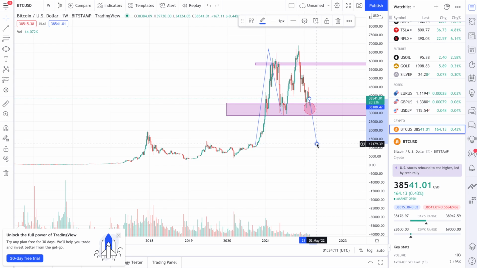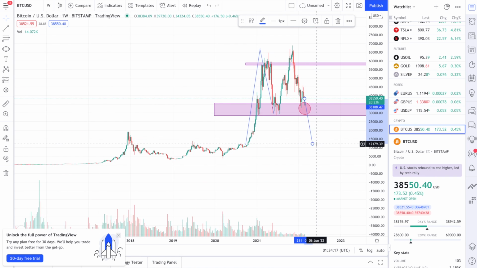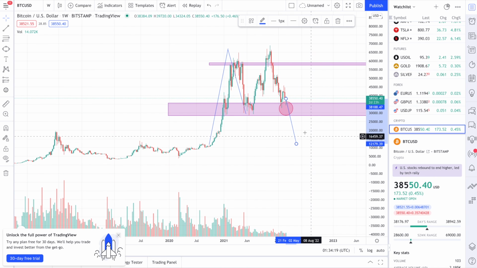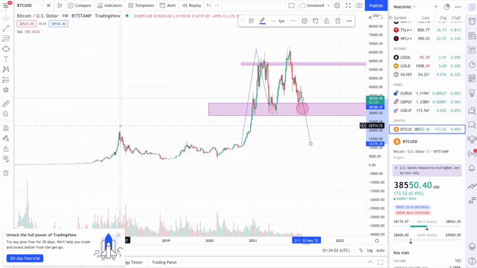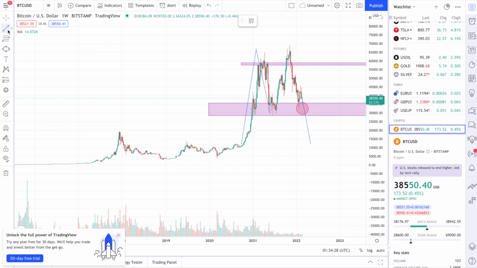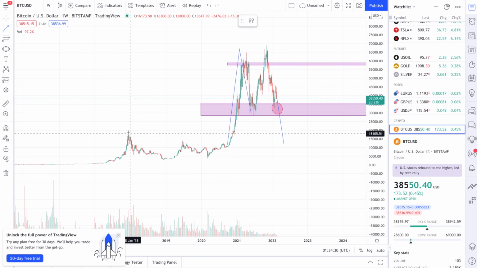So I'm just coming from a higher time frame, and then we'll move down to the lower time frames, and then we'll see what I'm able to interpret from the chart patterns I'm seeing. So basically, why do I say there's a possibility that it comes down here? Because of the chart pattern that was printed here from the previous bull run.